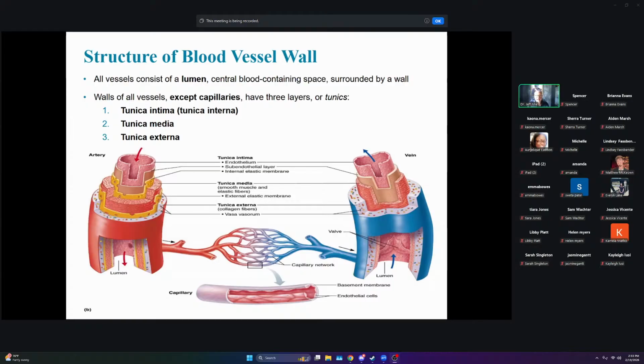The tunica media is that muscle middle layer again. It is much thicker in the arteries than it is in the veins, and that is by design. Form meets function again. Our arteries, as we're going to talk about, are the major redistributing vessels.